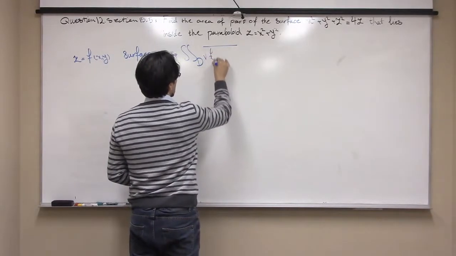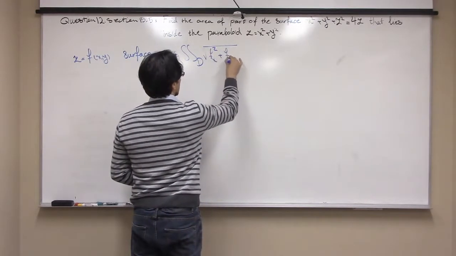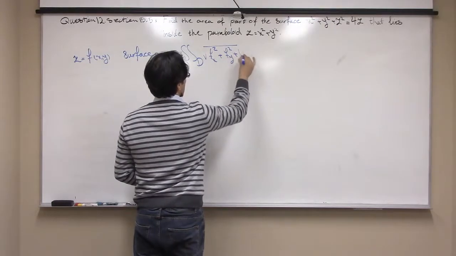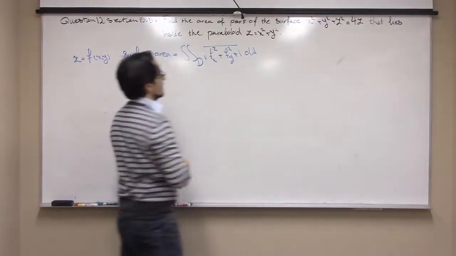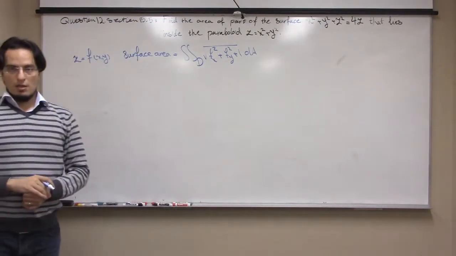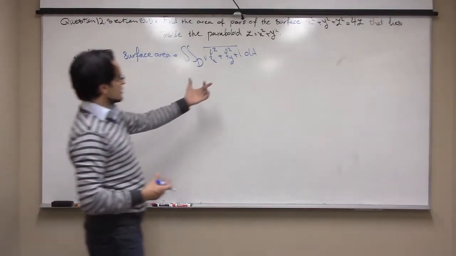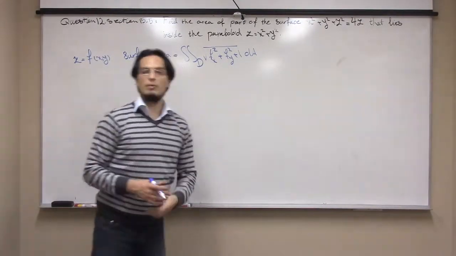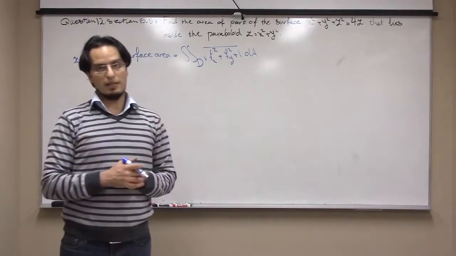You find f_x squared plus f_y squared plus 1, dA. That's a function of two variables, and you evaluate that double integral.